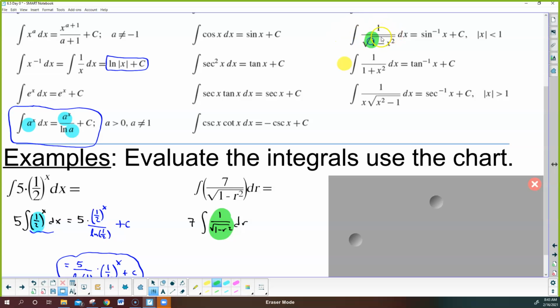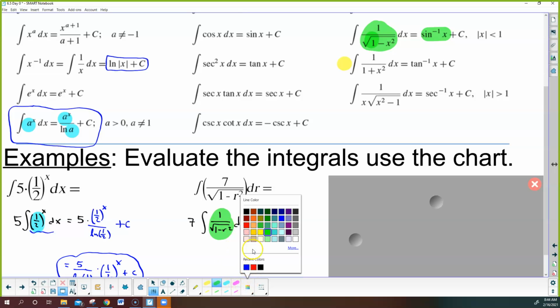And that goes right here. Now, it isn't an r squared, but it's an x. That's exactly what we want. So I know that this portion will turn into the sine inverse of r. And then the 7 is just that multiplier.